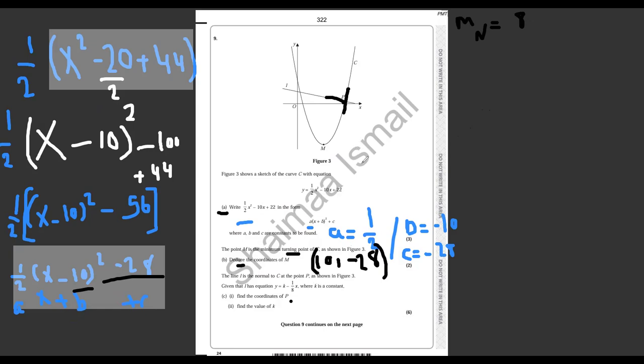And here we have a gradient and we need an equation.